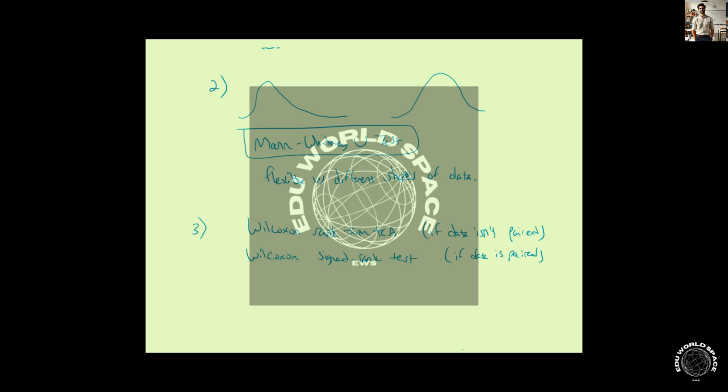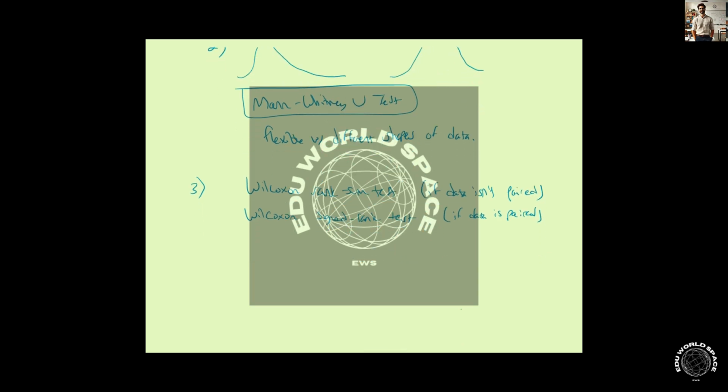Paired like before and after scores. Since symmetric data is already more balanced, these tests can handle it well while still being non-parametric.